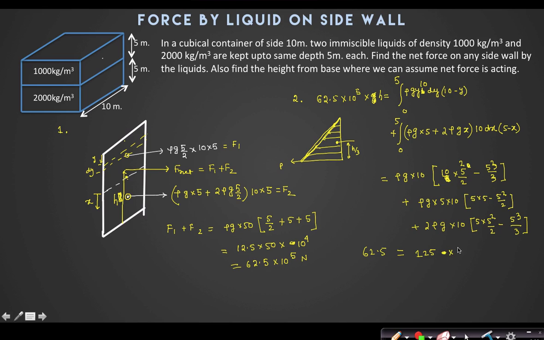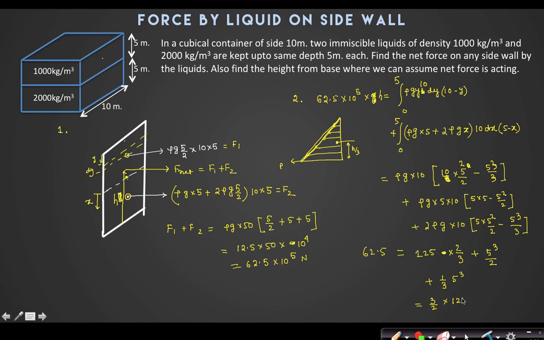So 5 cube minus 5 cube by 3 is 2 by 3 into 5 cube. Plus 5, again it is 5 into 5 into 5, so it is 5 cube minus 5 cube by 2, so it is 5 cube by 2. Plus 2, if you can cancel, it is 5 cube minus 2/3 5 cube, so it is 1/3 5 cube. 2/3 5 cube plus 1/3 5 cube is 5 cube plus 5 cube by 2. I think it is 3 by 2 into 5 cube.